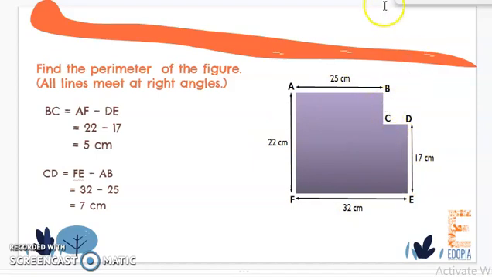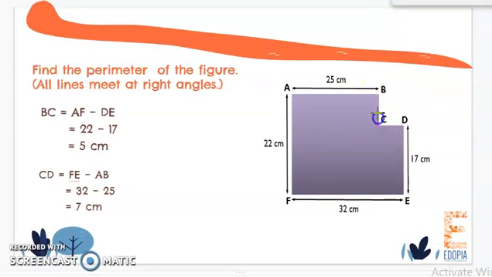But we don't have the lengths of these two sides, this BC and the CD. To find the length of this BC, we need to subtract 17 from 22. 22 minus 17 equals 5 centimeters. This means this BC is 5 centimeters.